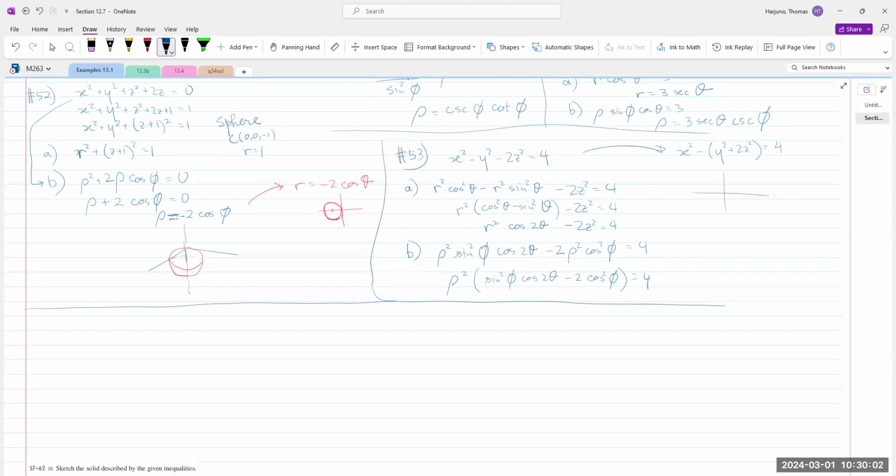In the x and r directions, it will look like this. So that's a hyperboloid of two sheets.